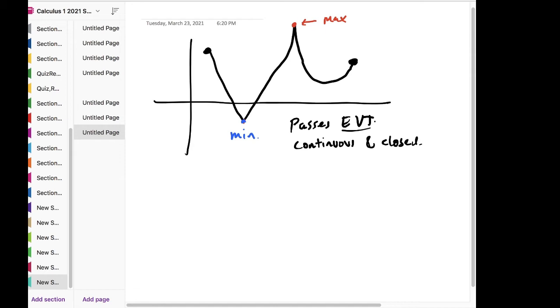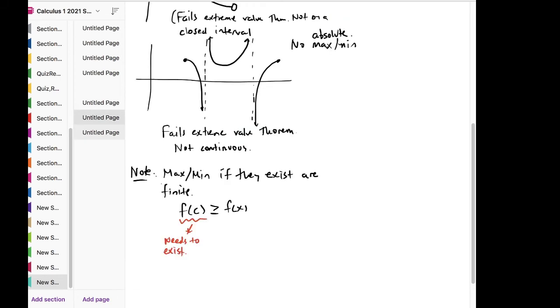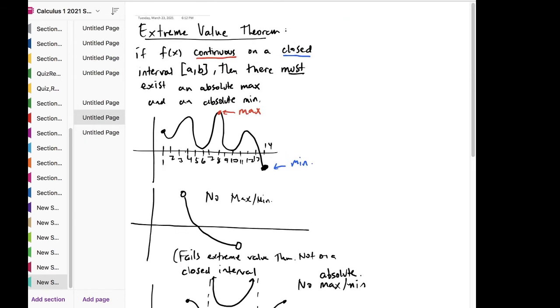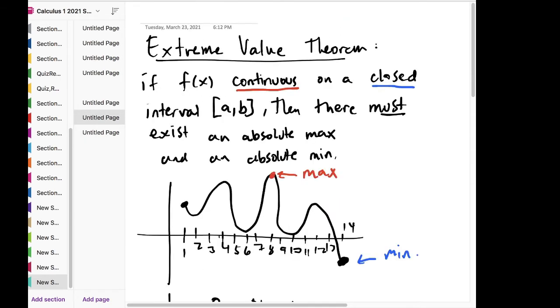Okay. So first of all, just as an intuitive reason, why is extreme value theorem true? Well, how I like to think about it is that if something is continuous, it can be made into a path, like a walking path. If you're walking on a path from start A to end B, there must be some point where you go at the highest point, and some point where you go at the lowest point.